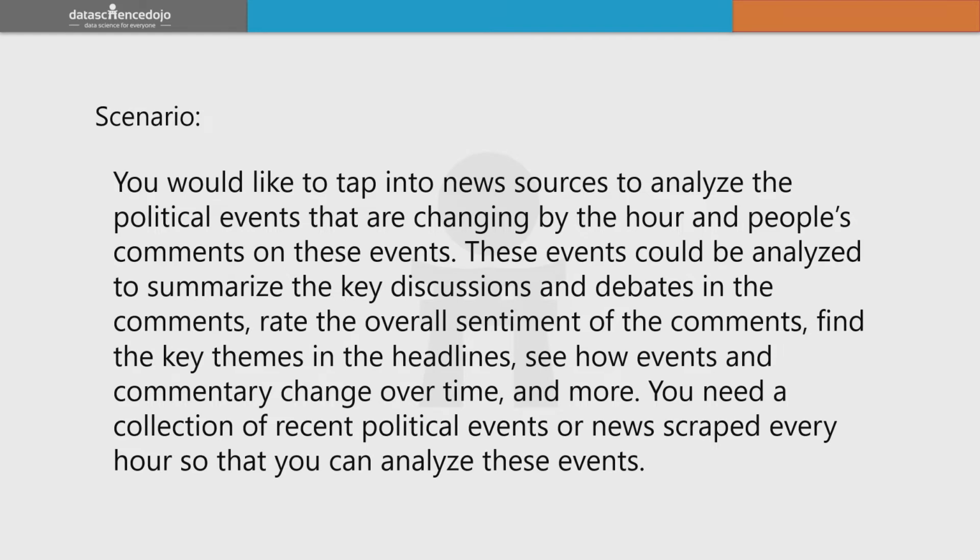Maybe they might follow a downward negative trajectory, or an upward positive trajectory. Or maybe they just drastically change over time, and you might want to be alerted to those drastic changes by the hour. So if the sentiment was consistently positive by the hour and then it suddenly dropped to extremely negative, you might want to be alerted to that so you can act on it in the moment and find out what might have caused that.